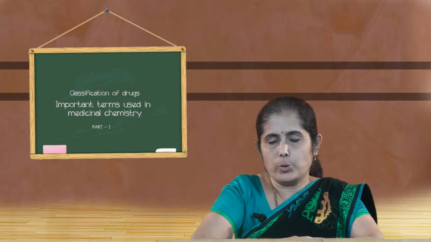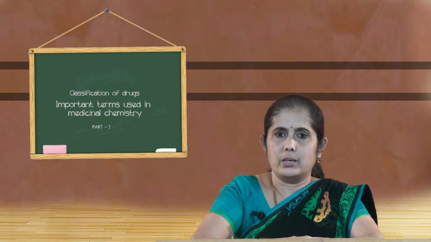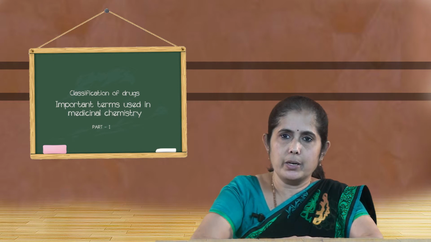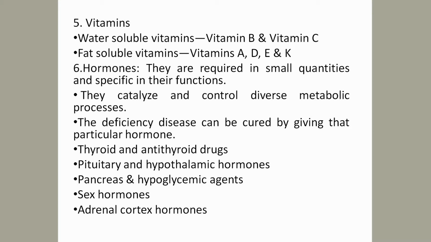When we talk about vitamin B, it is vitamin B complex. It includes vitamin B1, B2, B3, B4, B5, B6 and B12. These are present in fruits, vegetables and some animal products also. Vitamin C, we call it ascorbic acid, is present in citrus foods.